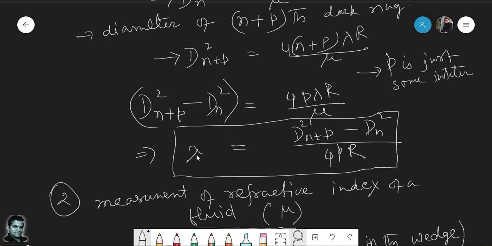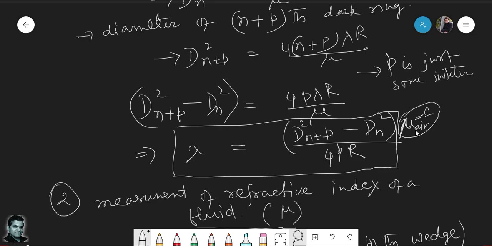Of course, if we use air as the medium, then μ equals 1. If you use some other medium, then you use that refractive index here, assuming you know it. Otherwise, you can just use air, so there is nothing between the convex glass surface and the plain glass surface. It's simply air, and in that case μ equals 1.